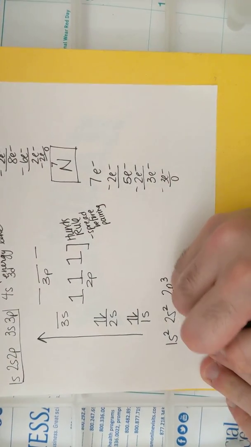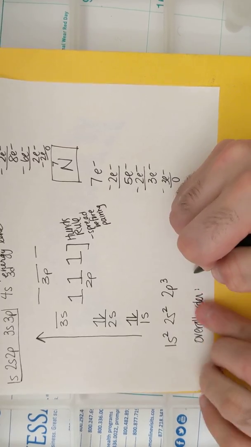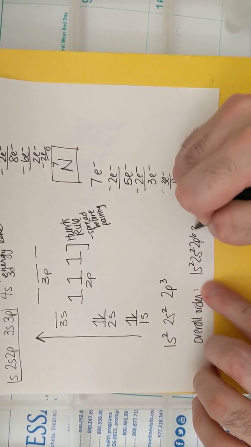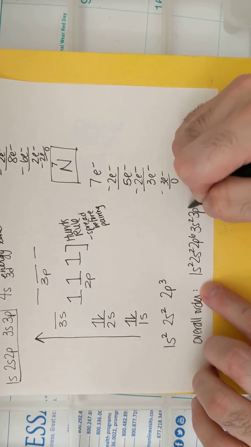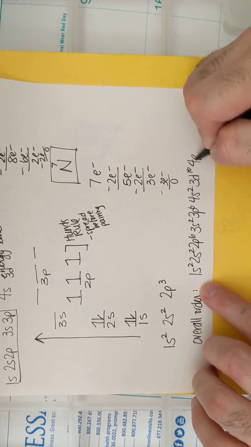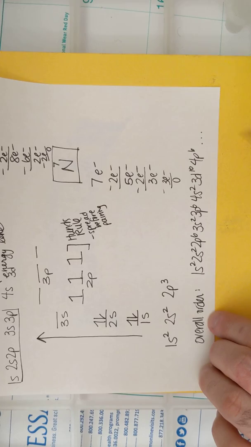In general, the overall order, and this is something that I want you to memorize, goes in the following way: 1s2, 2s2, 2p6, 3s2, 3p6, 4s2, 3d10, 4p6, and then that's probably as far as it's going to go for us right now.